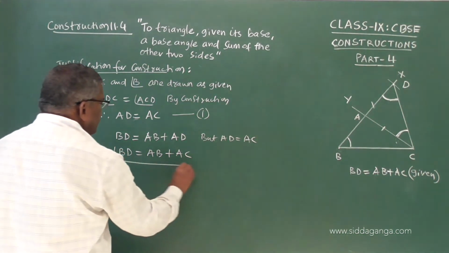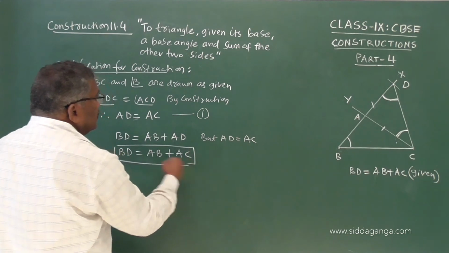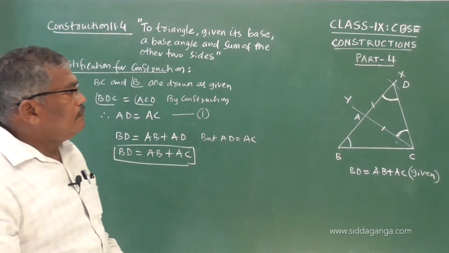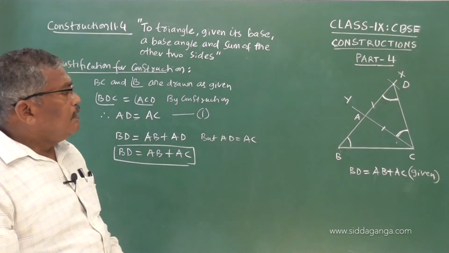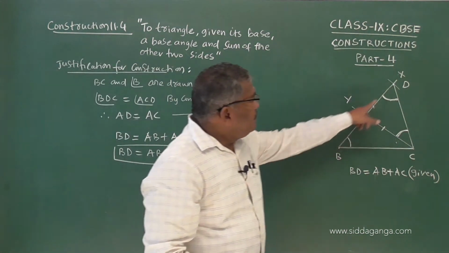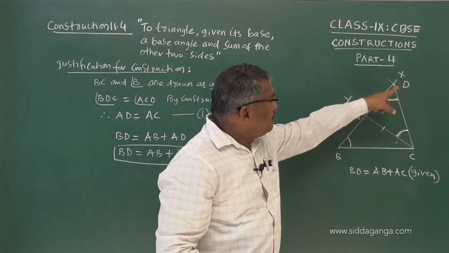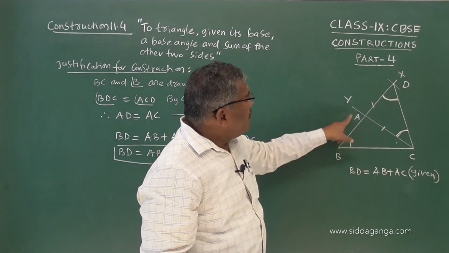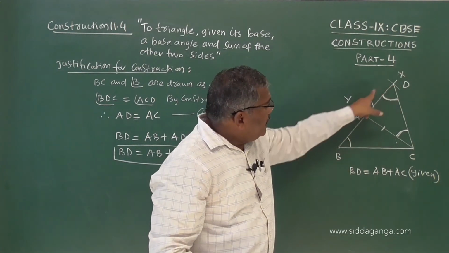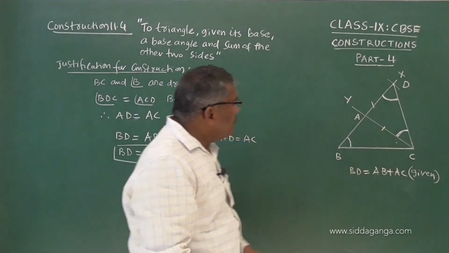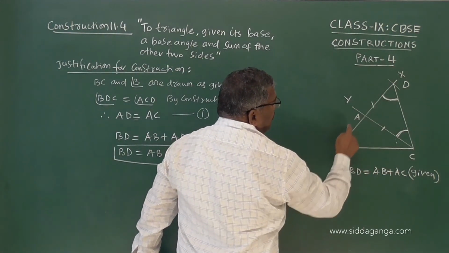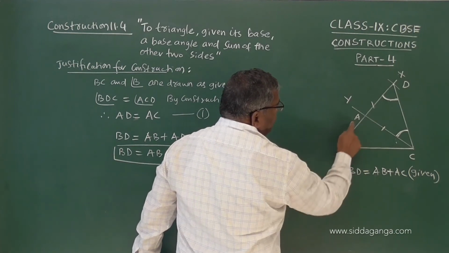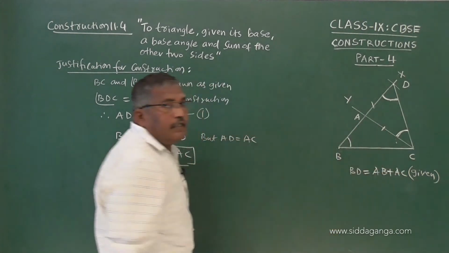So this is what the justification is. BD we have taken as AB plus AD. AD is same as AC. So therefore this length is the sum of these two sides, AB plus AC.